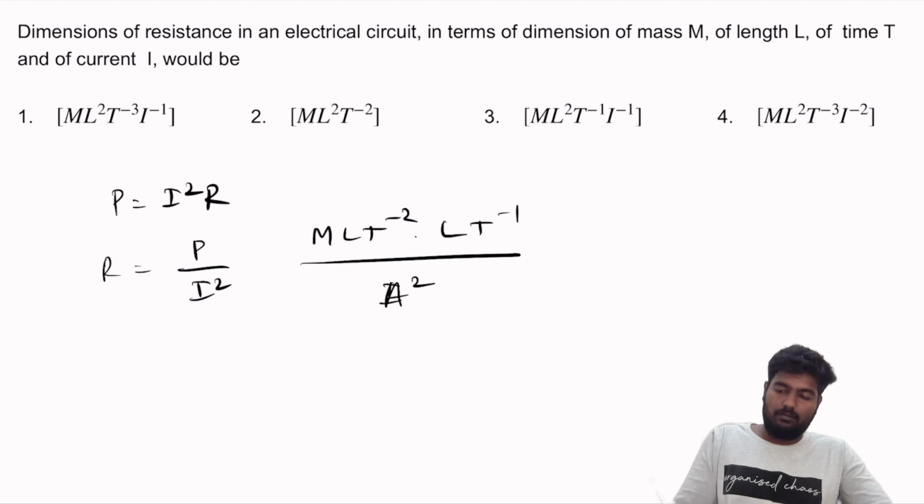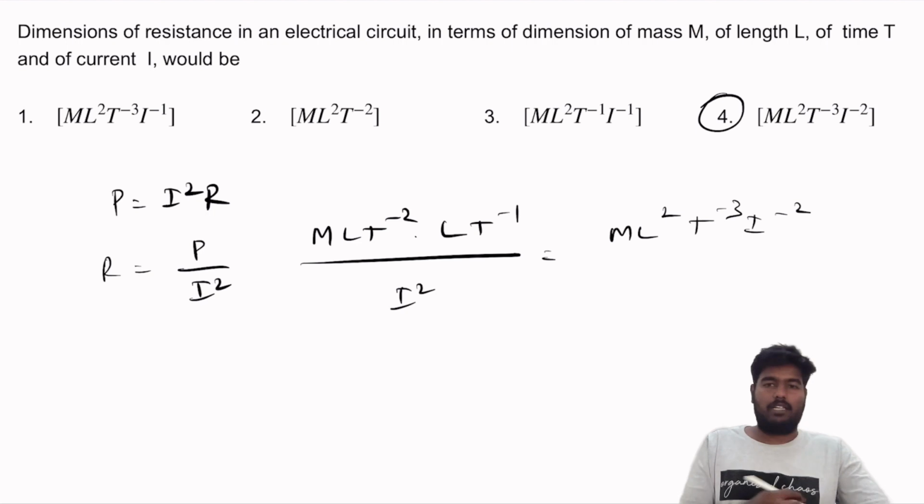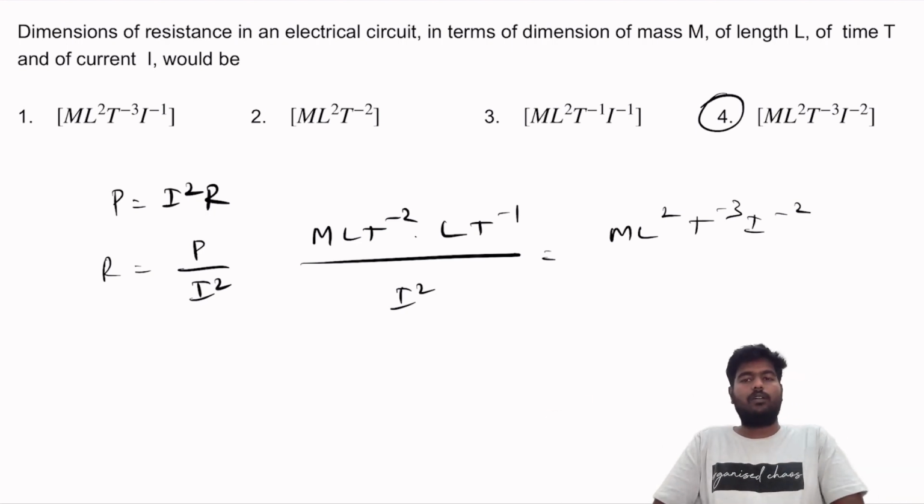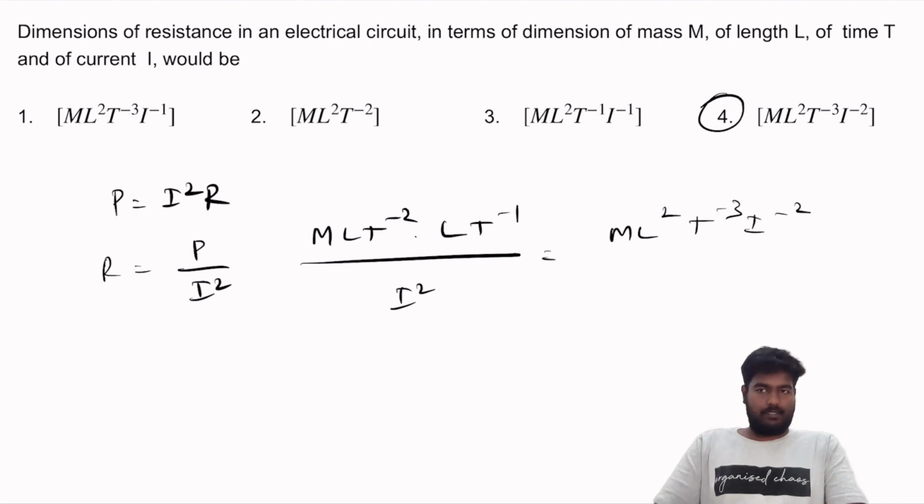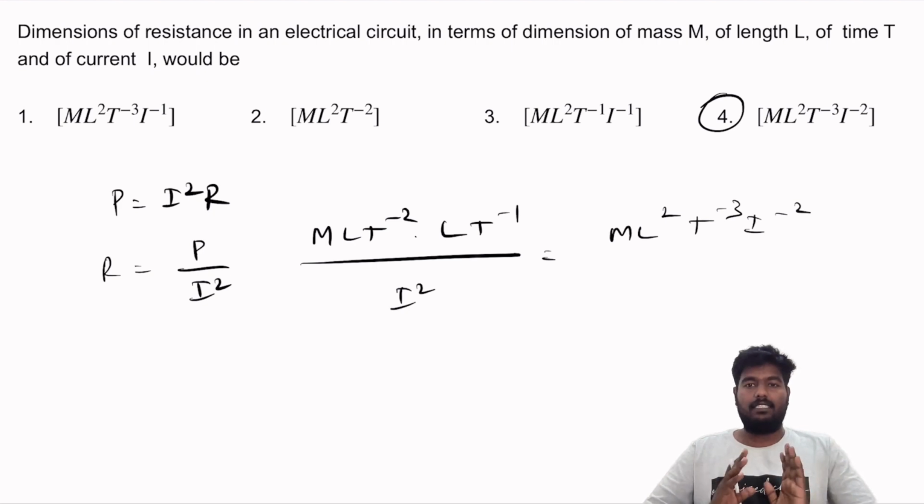In this case, we can keep it as I^2. So M L^2 T^-3 A^-2. Same answer you will get. Any formula you use, eventually you will get the one final answer. The simpler the formula you find, the less time you take to do the question.